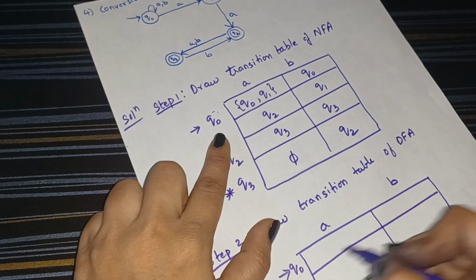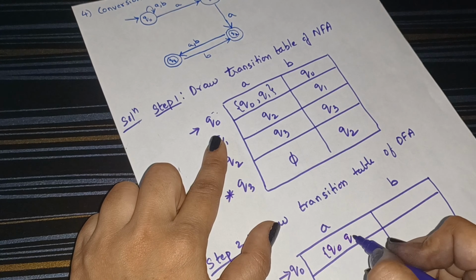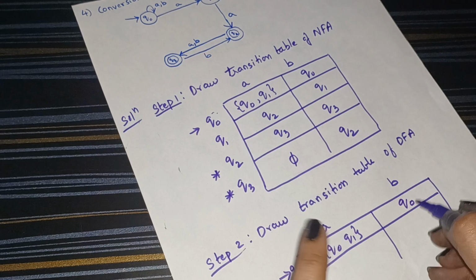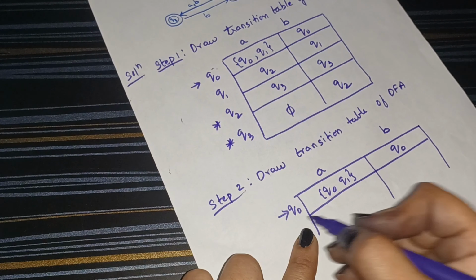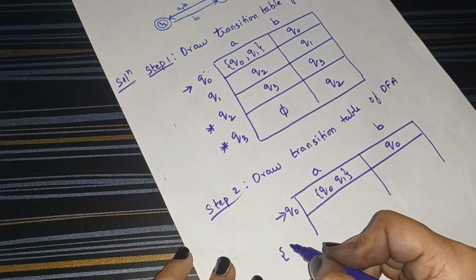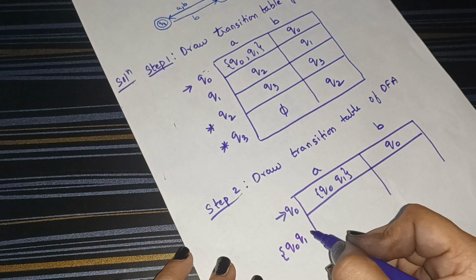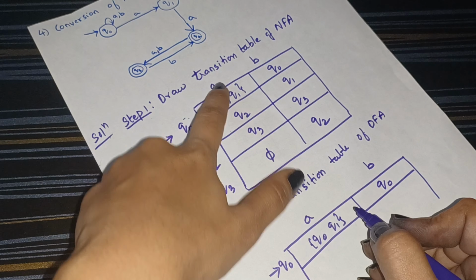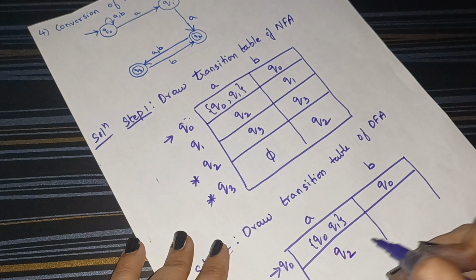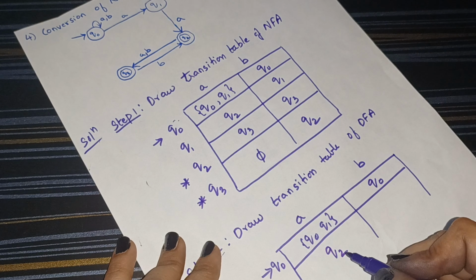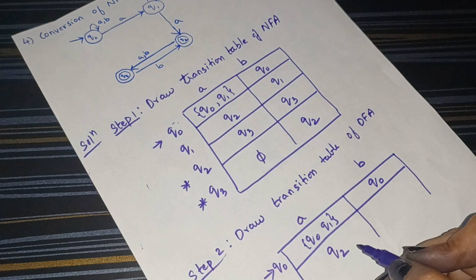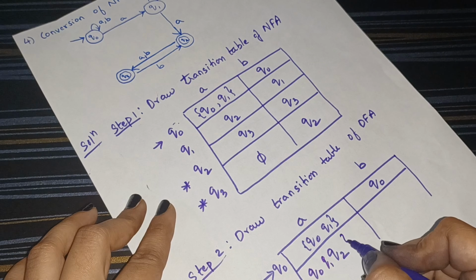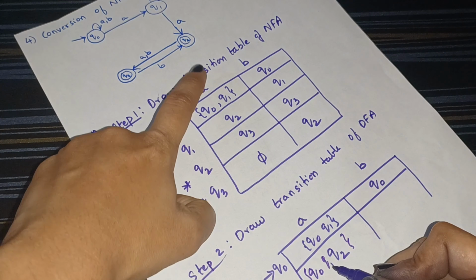So here Q0 on A, it is going to Q0, Q1, and Q0 on B, it is going to Q0. In DFA, Q0, Q1 will become a new state. Q0 on A union Q1 on A will give Q2.